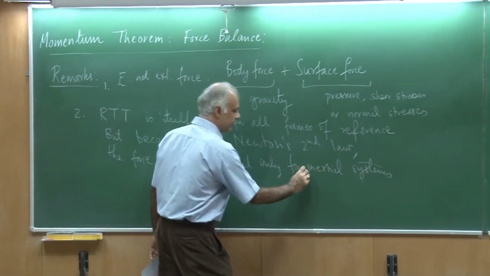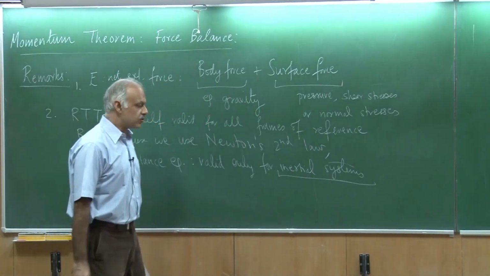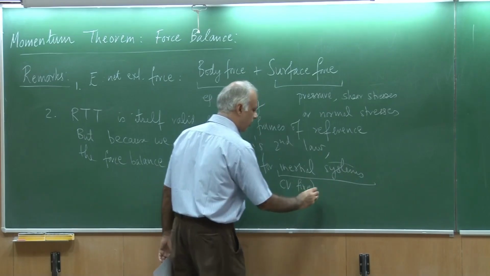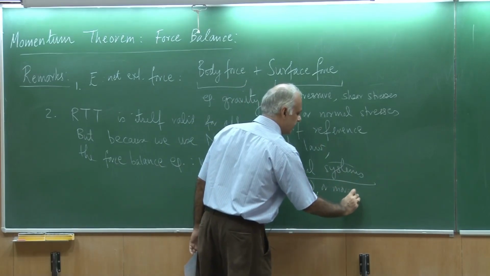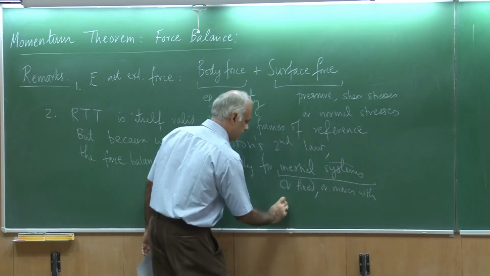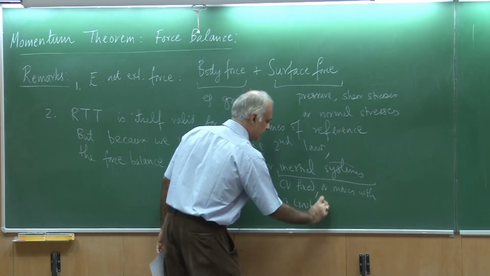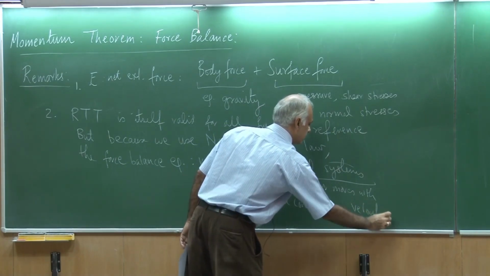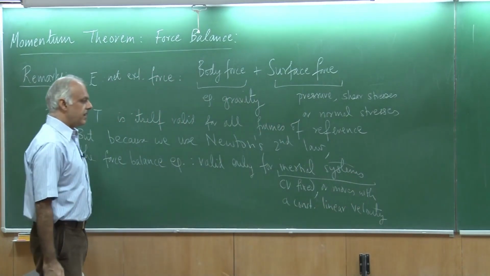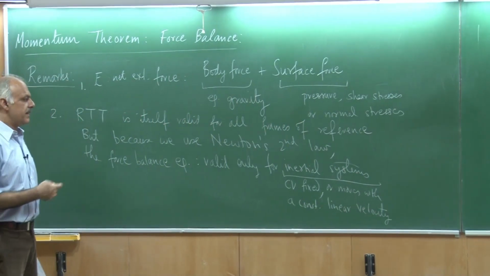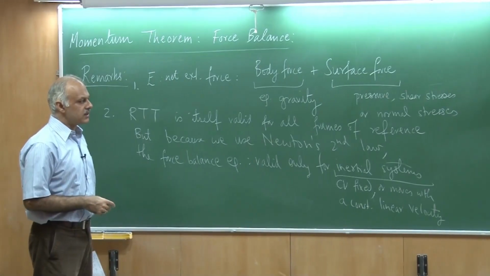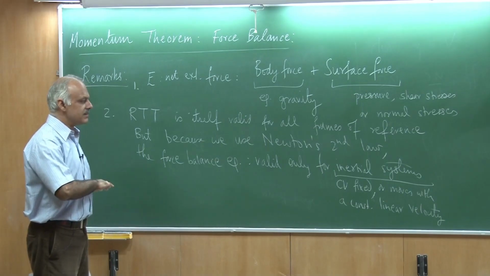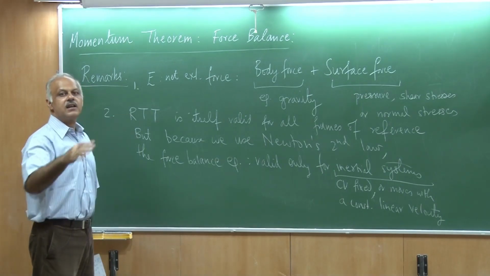What this means is that either my control volume is fixed or moves with a constant linear velocity. I cannot apply it in this form to a control volume that is, for example, accelerating, or for example moving with a constant velocity but along a curved line.